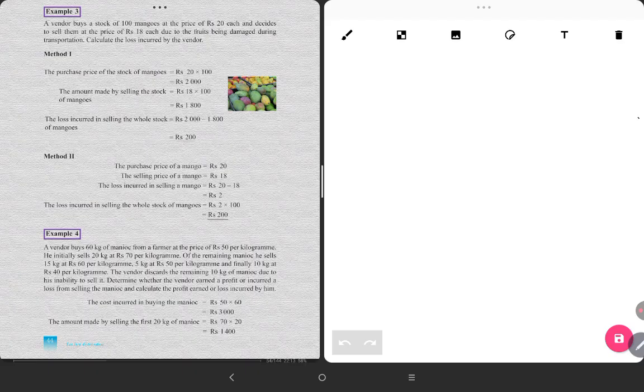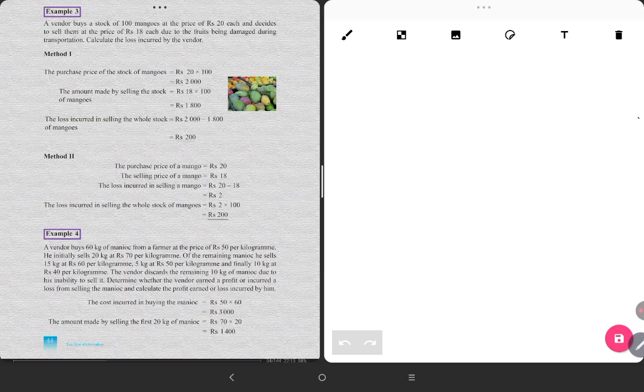So let's look at example number 3, which says a vendor buys a stock of 100 mangoes at the price of rupees 20 each and decides to sell them at the price of rupees 18 each due to the fruits being damaged during the transportation. So that can also happen.